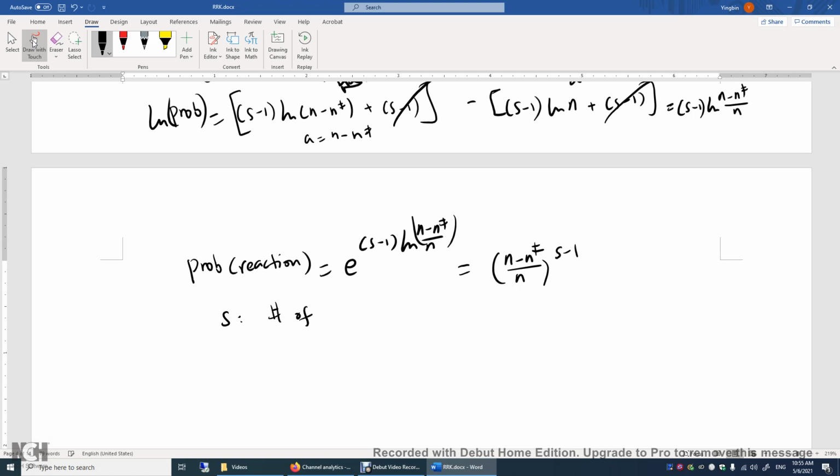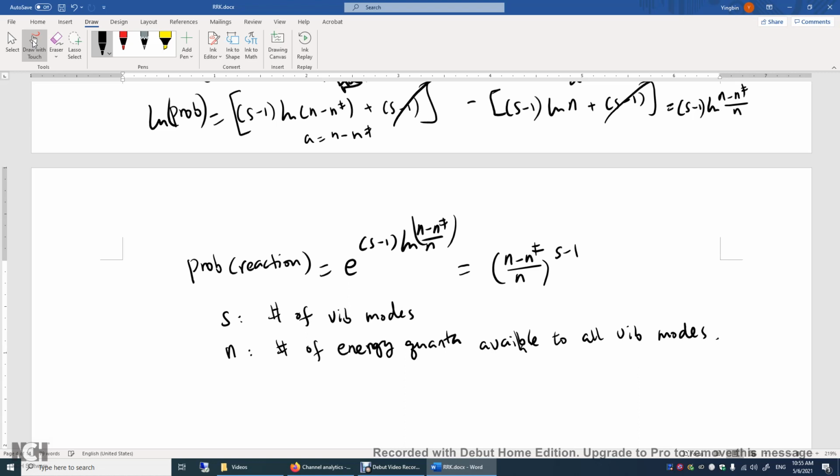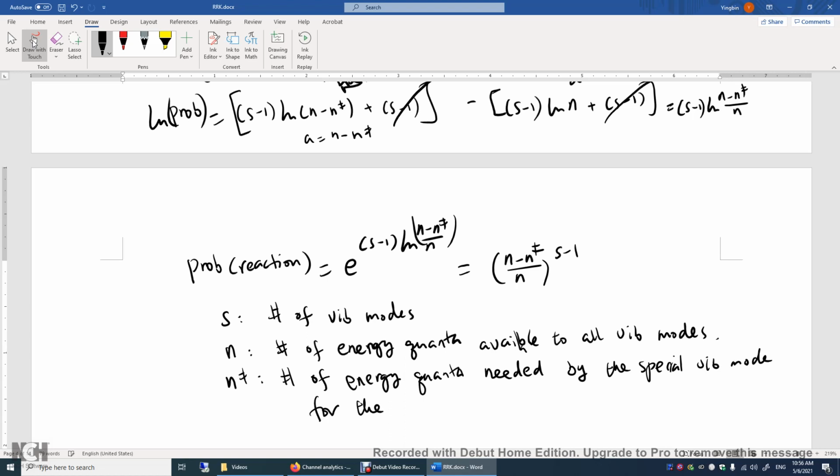S is the number of the vibrational modes. n is the number of energy quanta available to all vibrational modes, or to be distributed to the vibrational modes. n double dagger is the number of energy quanta needed by the special vibrational mode for the reaction to occur.